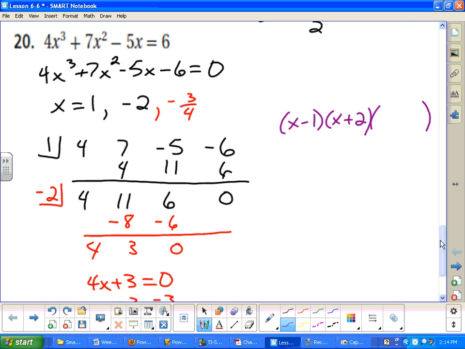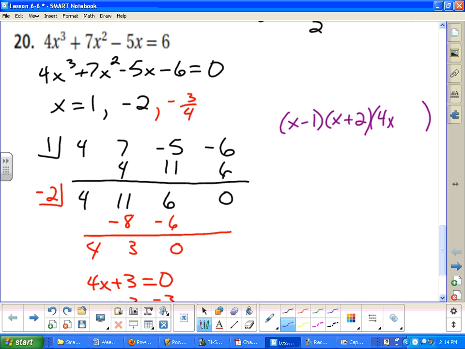Remember, if I multiply this x by this x by this, it equals 4x cubed. It equals the first term. And the first term is 4x cubed, so what do I multiply x squared by to get 4x cubed? Okay. So this would be a 4x here. X times 4x is 4x cubed.